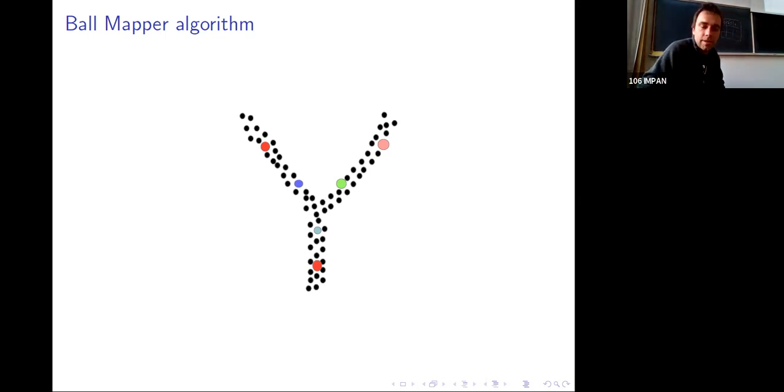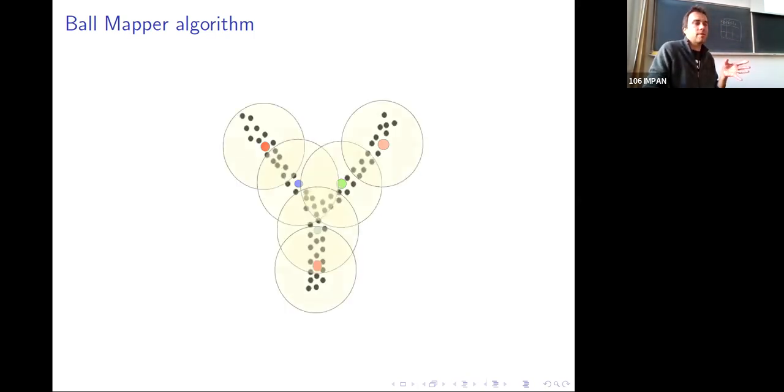So I'm kind of taking a uniform subset of those points. This is equivalent to saying that if I put balls of radius epsilon centered in the colored points, then I will cover my whole point cloud. It's an equivalent way of saying this.